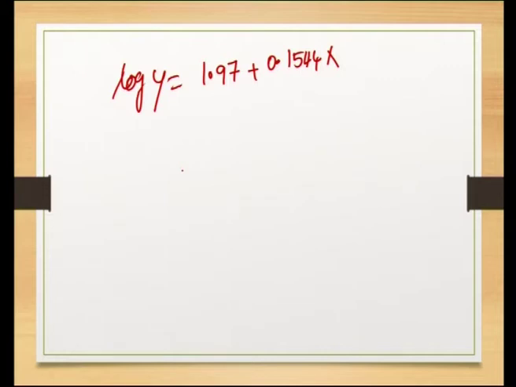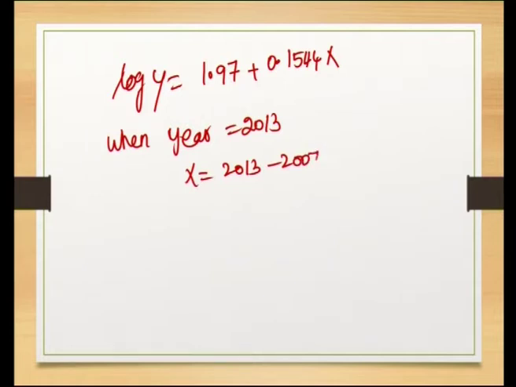The question is to find the sales figure for the year 2013. When the year is 2013, because the origin is taken as 2007, the x value will be 2013 minus 2007, which is equal to 6.